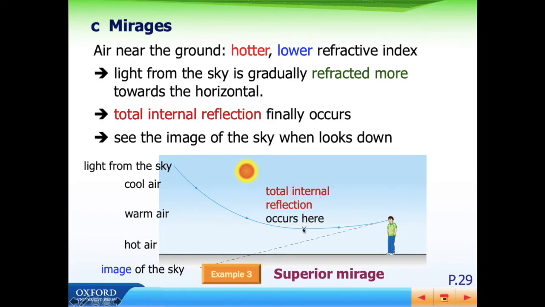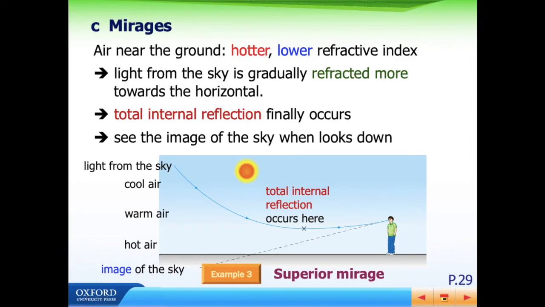This is due to the fact that the refractive index in this area is different compared to the refractive index of the air in this area. As a consequence, you will be able to see the image of the sky when you look down because there is total internal reflection happening here, and this is exactly what you will see through your naked eye.